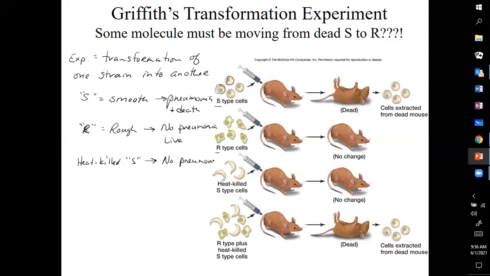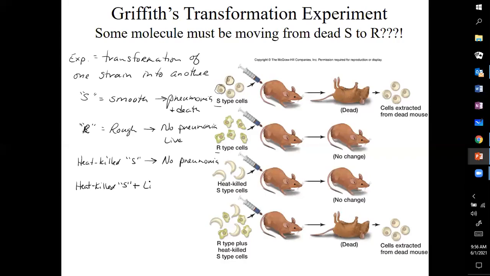And that makes sense, right? But here's where the sort of magical transformation occurred. If you take those heat-killed S and live R. Now, neither of these, right? So the rough strain or the heat-killed S do not cause pneumonia.